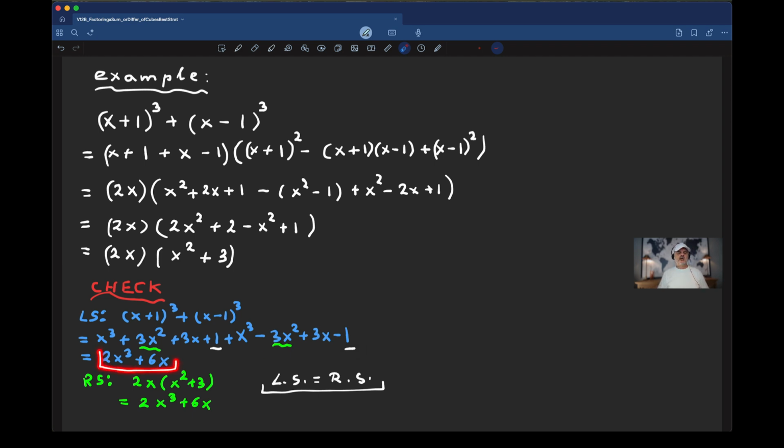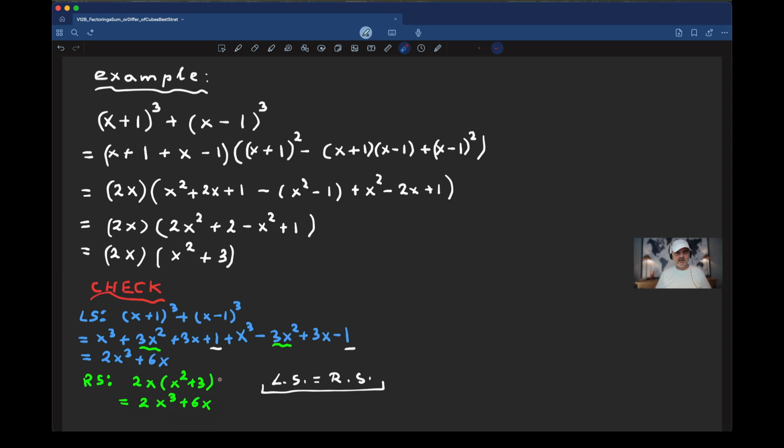And you may say, how is this equivalent to my original question? We already did the original question, and we got 2x times x squared plus 3. So all you need to do is to factor 2x from that binomial to show the equivalency. So now you can say the right side is equal to the left side. The verification process is done, so the question is done correctly.